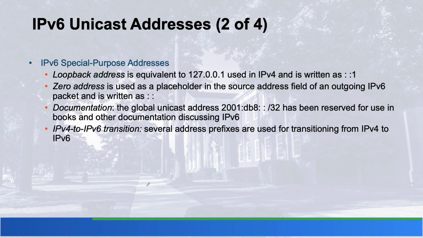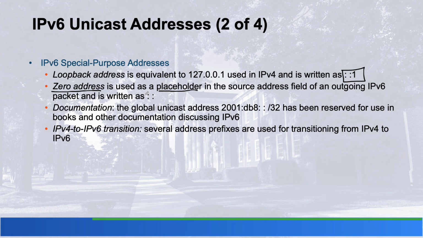We have special addresses. If you ever see ::1, that is a loopback address. So if I ping or use a utility to contact ::1, that's the computer I'm sitting at. Sometimes we use the 0 address as a placeholder.